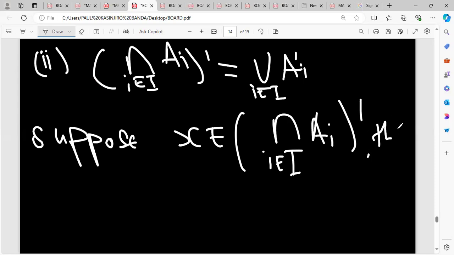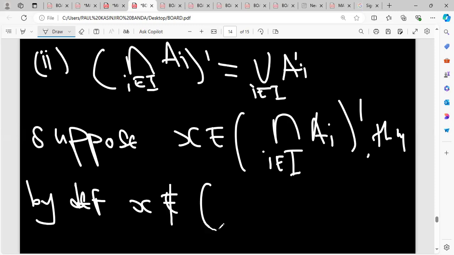Then by definition, X is not a member of this set here that I'm writing now. If X is a member of the intersection complement, then by definition X is not a member of the actual set. That's what it means, right?